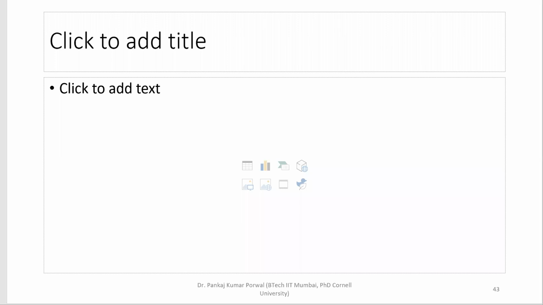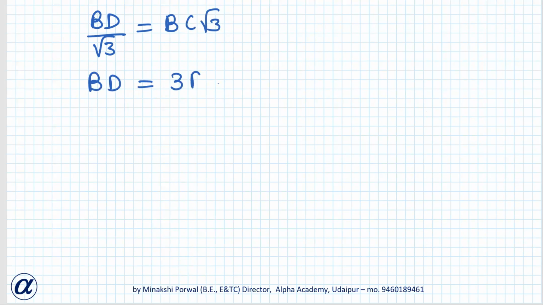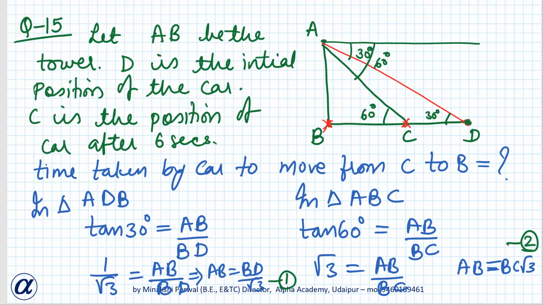Equating the value of AB, BD upon root 3 equals BC into root 3, or BD equals 3BC. Now BD is BC plus CD.